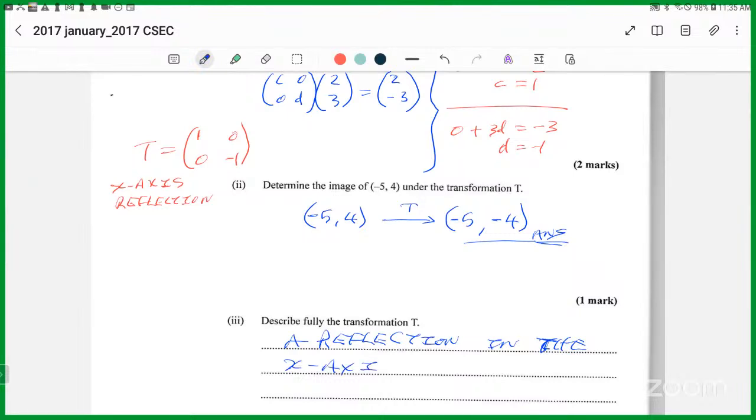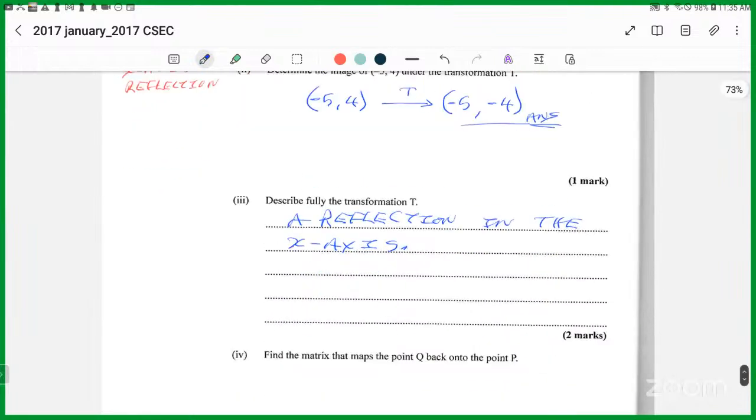That's the x-axis reflection matrix. That's how you describe a reflection, by giving the reflection line. What line is the reflection in? Reflection in the x-axis, and that's it. You're done. Or the x-axis is the line y equals 0 if you want to say that. All right, that is it.